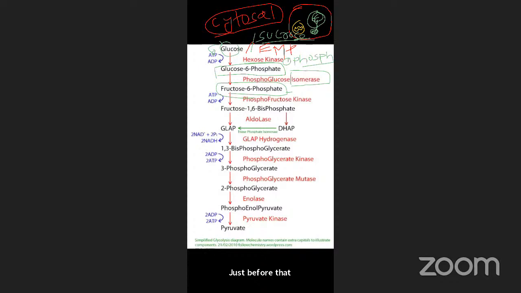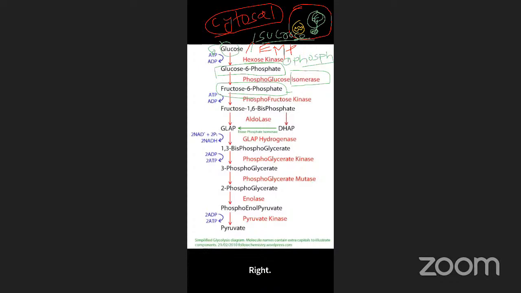What is the formula of glucose? C6H12O6. What about fructose? C6H12O6, the same. But these are mirror images, isomers of each other. That's why it is called an isomerization reaction, and the enzyme involved is isomerase.